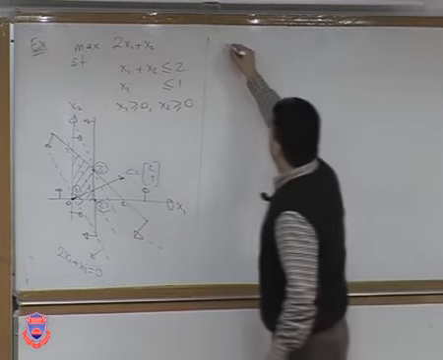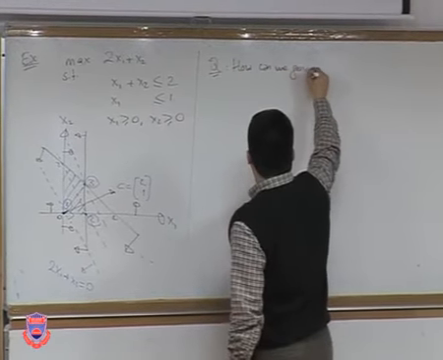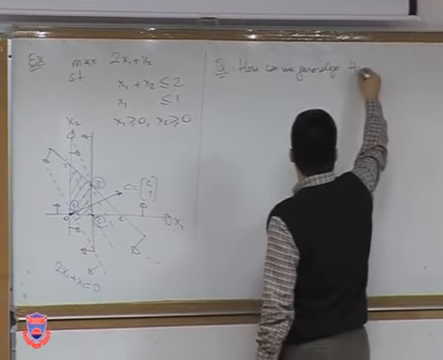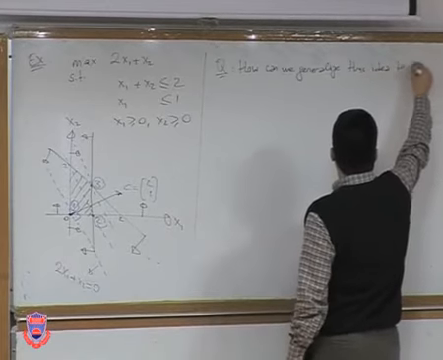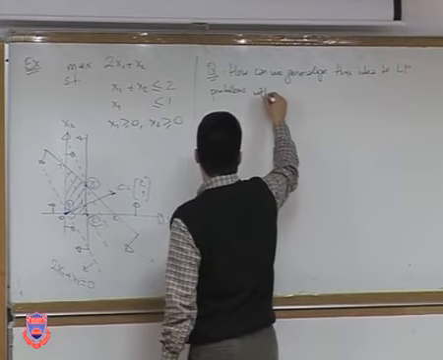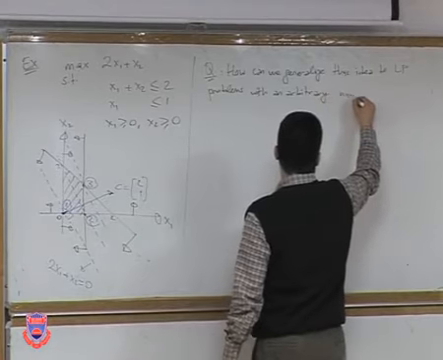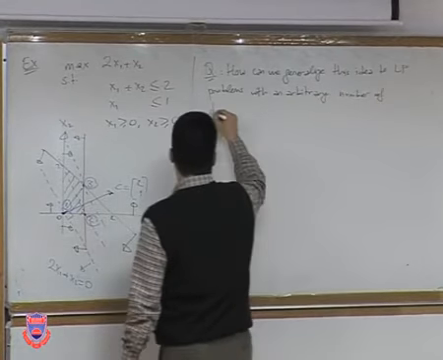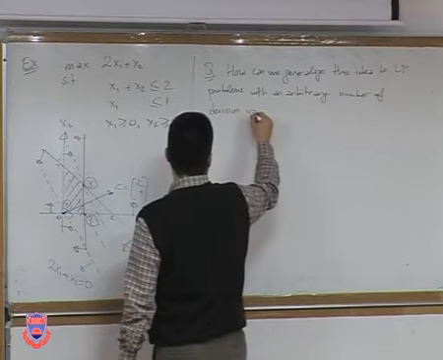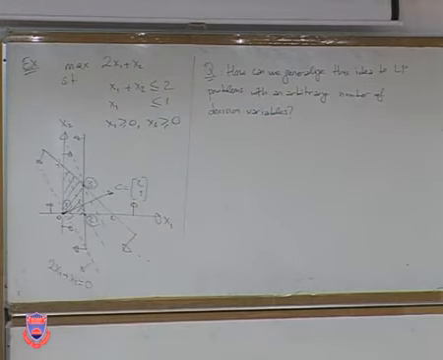But the question is, how can we generalize this idea to LP problems with an arbitrary number of decision variables? At least in 2 dimensions it works. The question is, what if I have 100 variables, for instance? How can I use this idea?